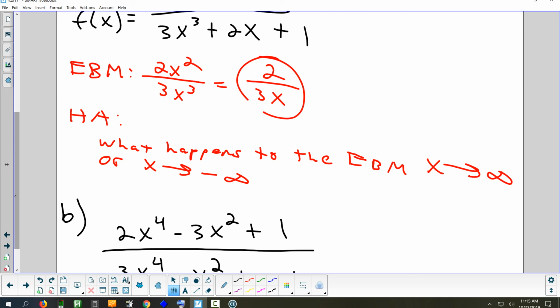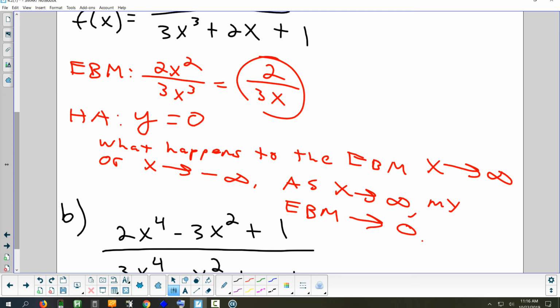And what does it approach? 0. So as x approaches infinity, my EBM approaches 0. So that means the horizontal asymptote is y equals 0. I'm not going to write that whole explanation every single time, but that's the reason.